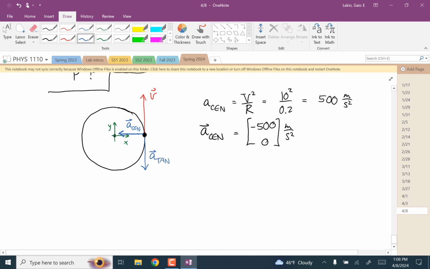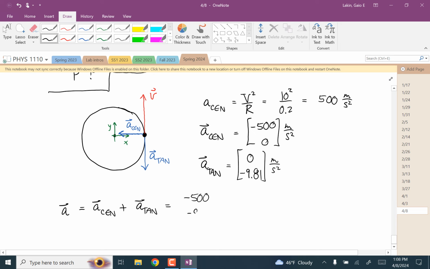And now you can see that's in the negative y direction. And so the tangential acceleration is 0, negative 9.81. Now the total acceleration is the sum of those two parts. So that's negative 500 for x, negative 9.81 for y.